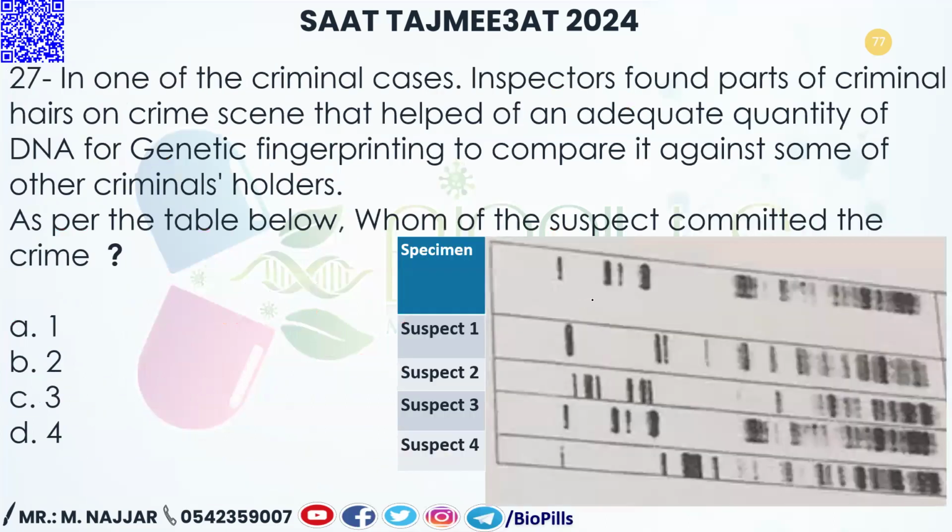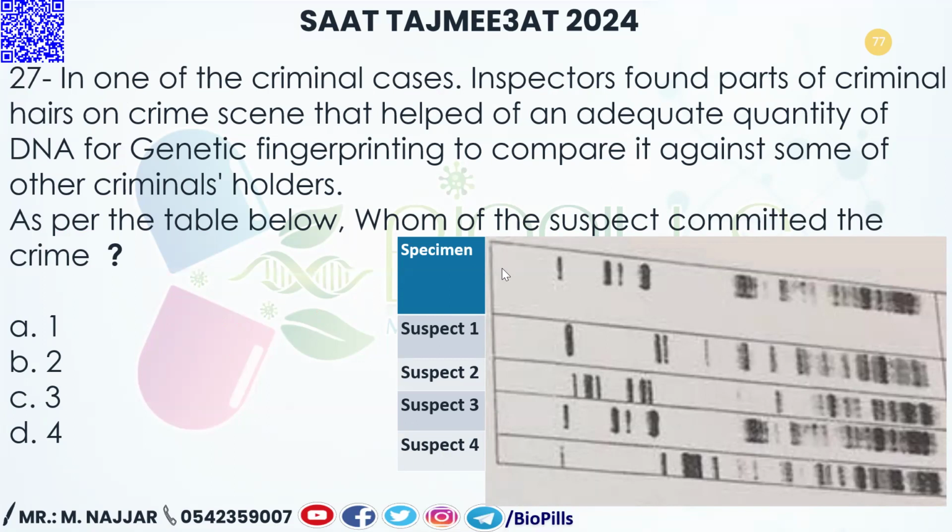Question number 27. In one of the criminal cases, inspectors found parts of criminal hairs at the crime scene that provided an adequate quantity of DNA for genetic fingerprinting, to compare it against some of the criminal holders, those that have a record on file. As per the table below, which of the suspects committed the crime? It's a very easy question.